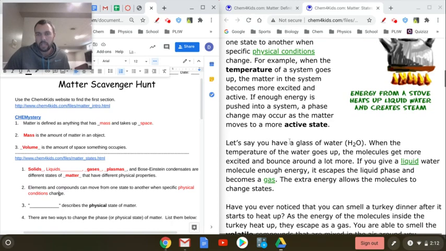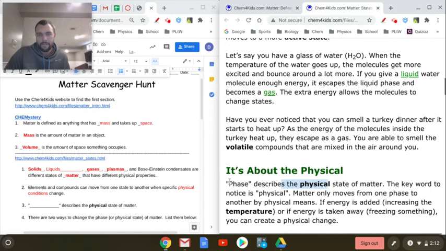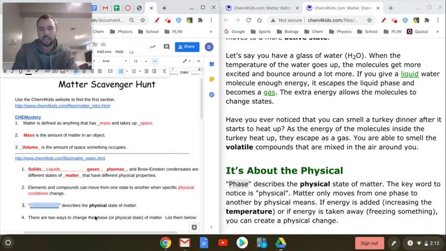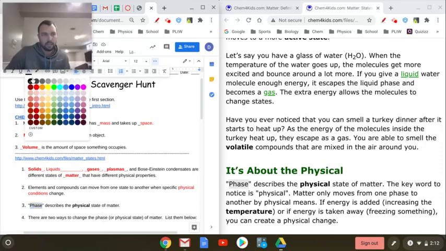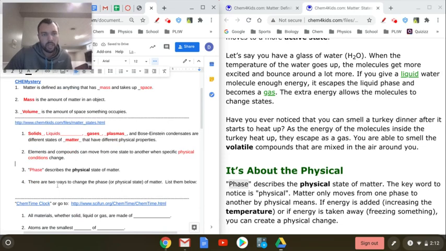Oh, here's physical. Okay. Phase, right here in quotes. Phase describes the physical state of matter. Okay. Phase, highlight, change color. Boom.